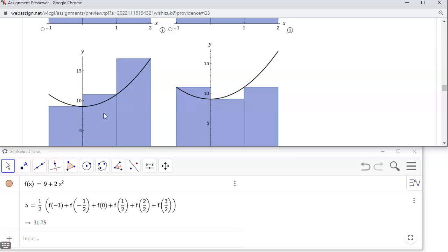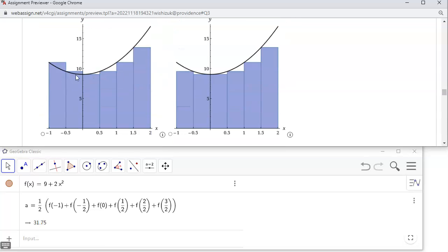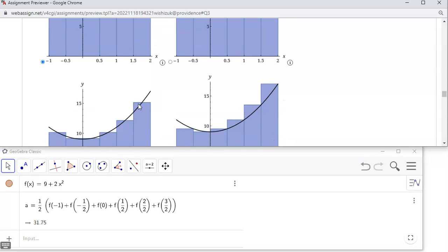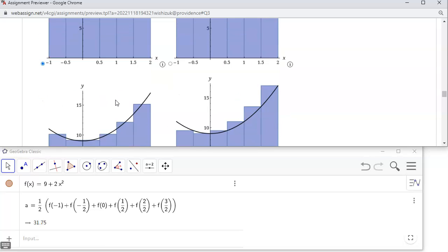The picture is easy to choose. This is not it, this is the right endpoint, and the left endpoint would be this one. For L6, the left endpoint would be this one. This one is not it, this is a midpoint, this is the right endpoint, so that's the correct one.